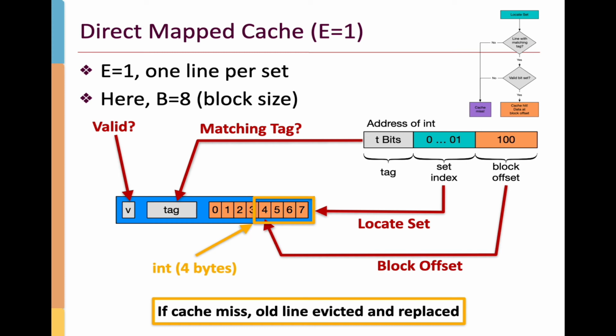But what's going to happen eventually is that request is going to be satisfied, and we're going to replace this block with the value that comes up from below in the memory hierarchy, so that in the future we can satisfy requests for this address range from this layer of the cache.